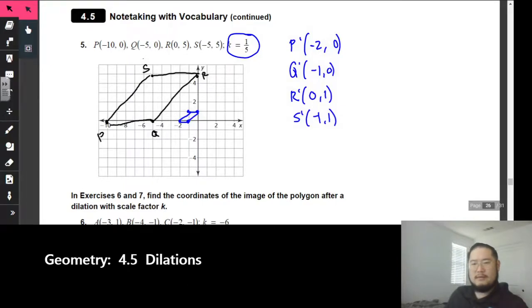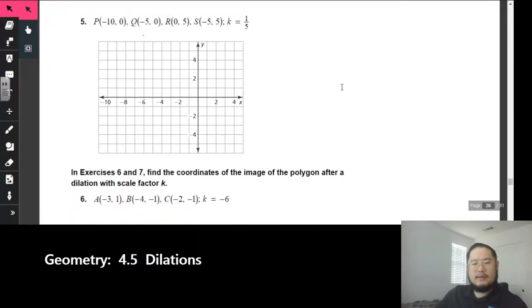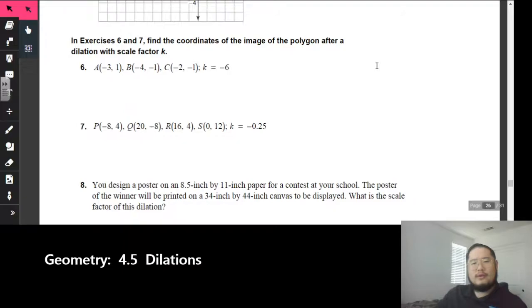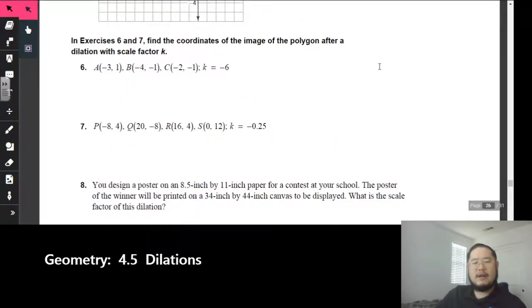All right. And let's move on right here to the last part. It says find the coordinates of the image of the polygon after the dilation with scale factor k. So once again, let's look at number 7. In order for us to find the coordinates, you're going to multiply both x and y for each point by negative 0.25.